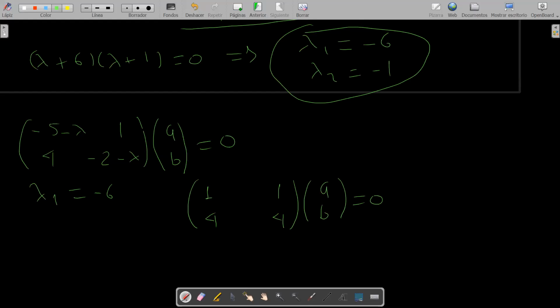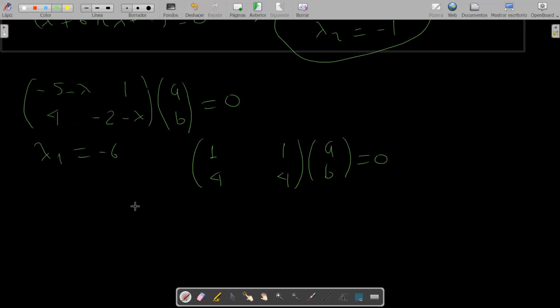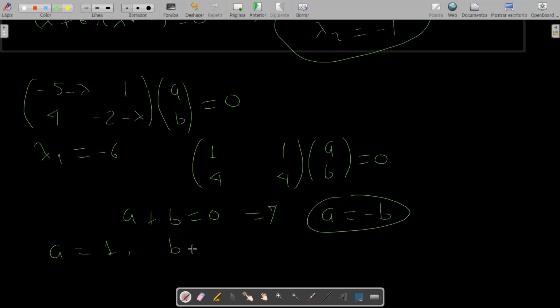So from here, we have the equation A plus B equal to 0, and this implies that A will be equal to negative B. We can use that. And if we use the value for A equal to 1, then B will be equal to negative 1, right?